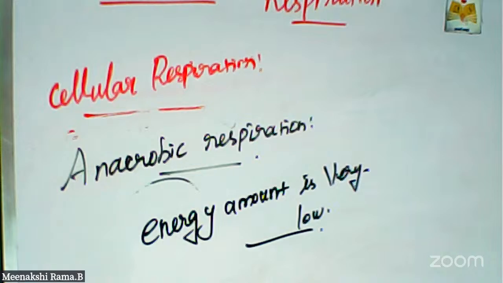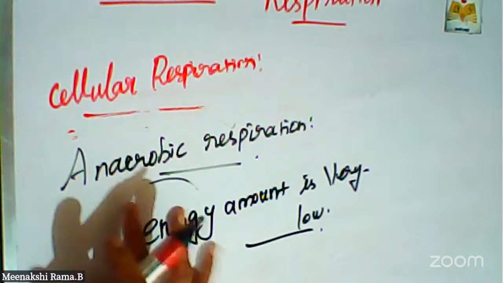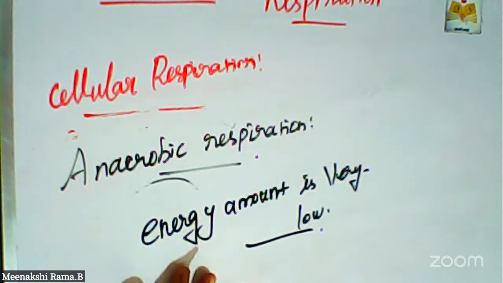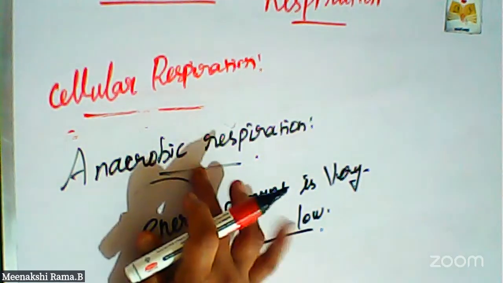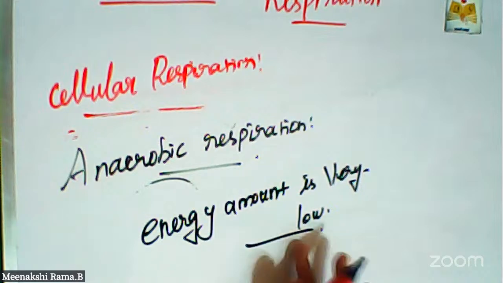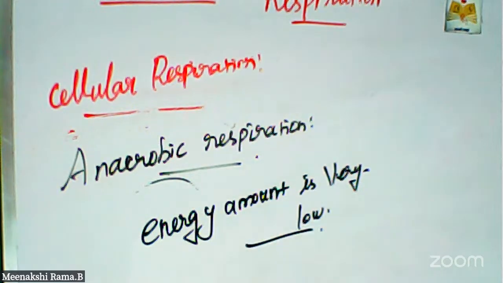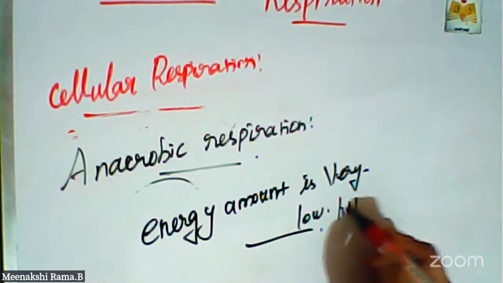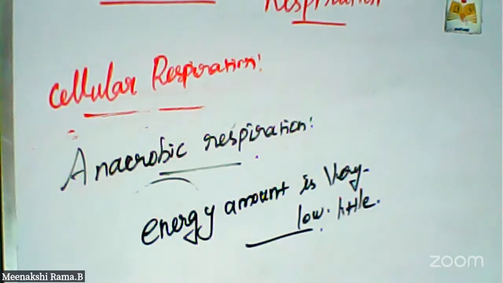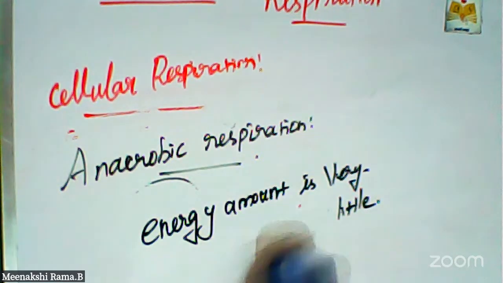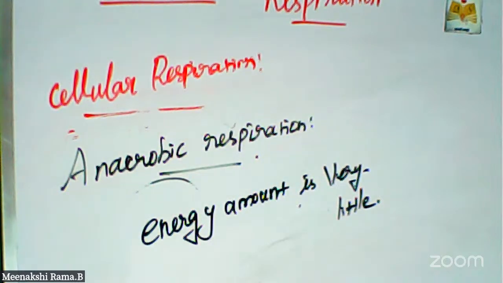In the aerobic process, glucose is completely oxidized with oxygen, but in the anaerobic process the oxidation is not completely done, so the amount of energy is very low.